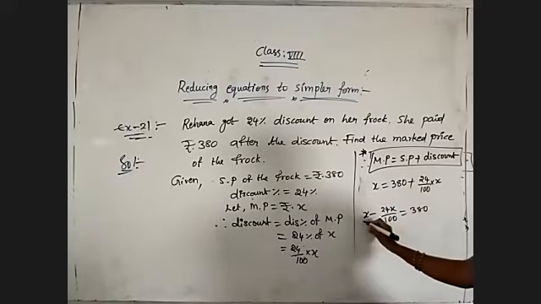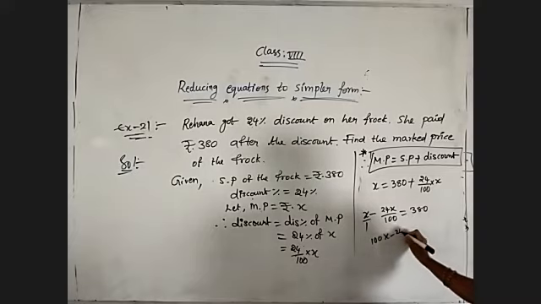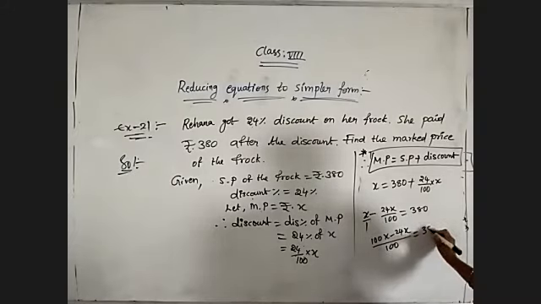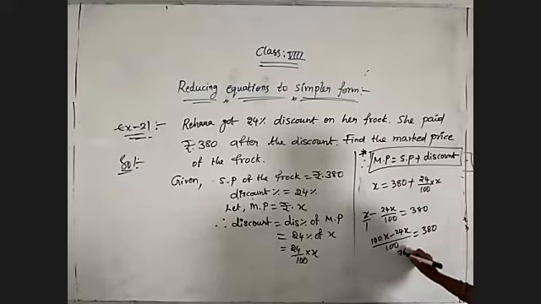Now go through with the cross multiplication. X is nothing but x by 1. 100 into x, so 100x minus 24x by 100 is equal to 380. Now 100 minus 24: 100 minus 20 is 80, 80 minus 4 is 76. 76x by 100 is equal to 380.